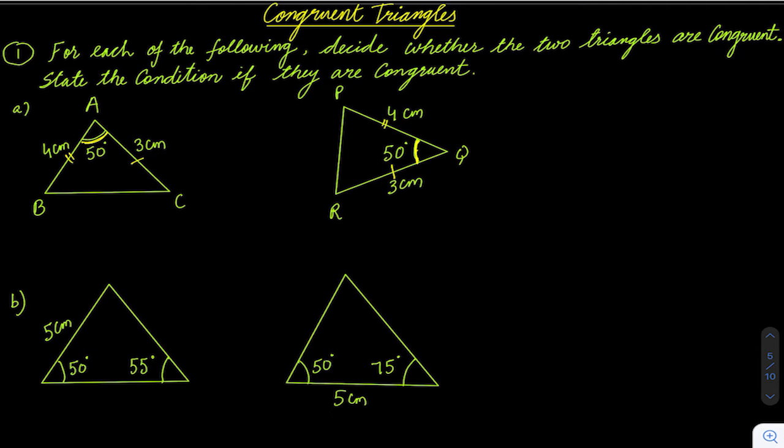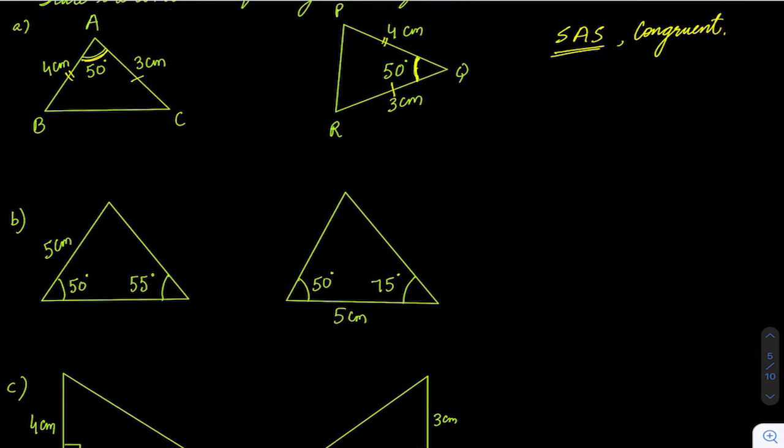This is important. So now we can say that by SAS these triangles are congruent. When applying SAS, the angle should be included between the sides. So by SAS, these triangles are congruent.